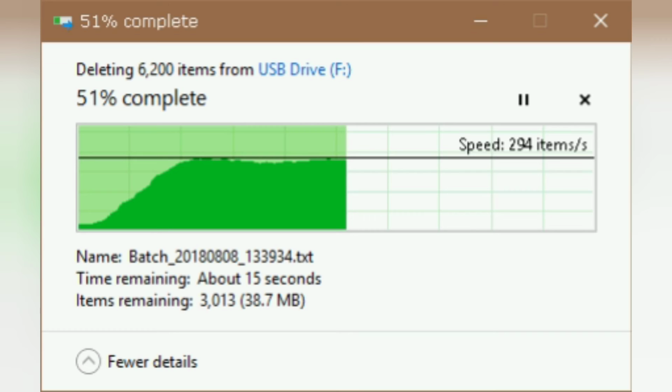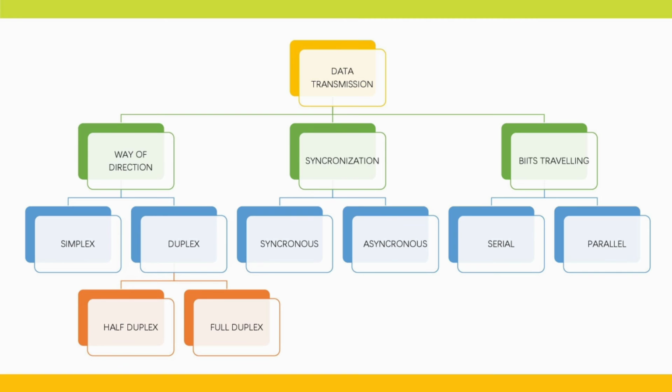Or if we copy and paste a file in a folder on the PC, it also shows the process going in Mbps. And the number of bits traveling at the same time is also divided into two categories. One is serial communication and another is parallel communication.